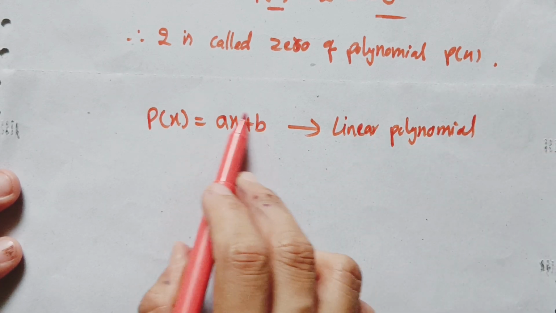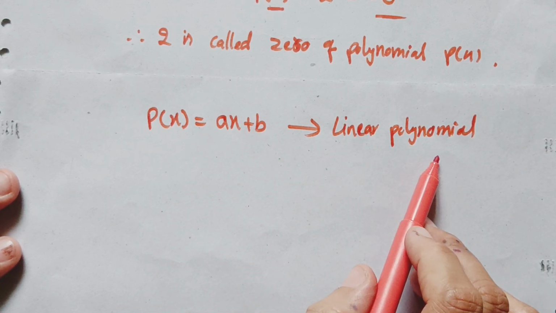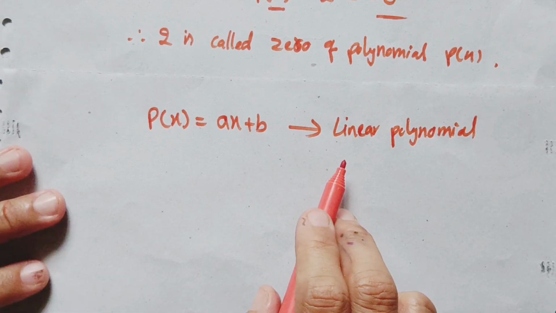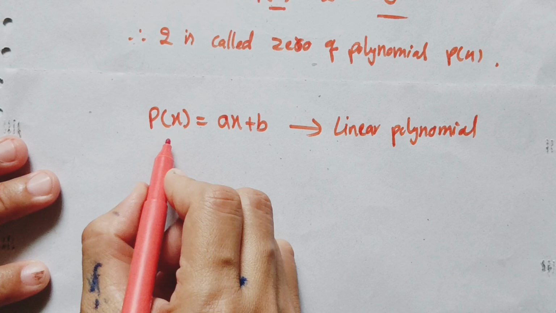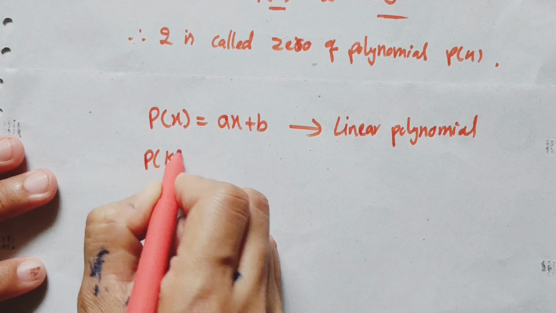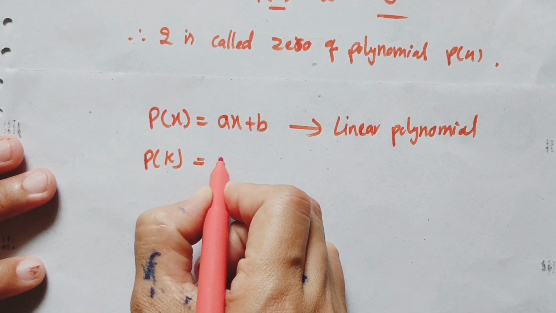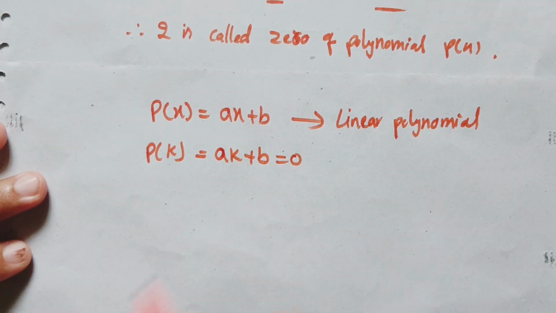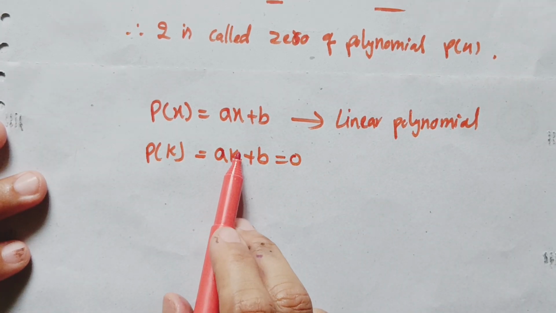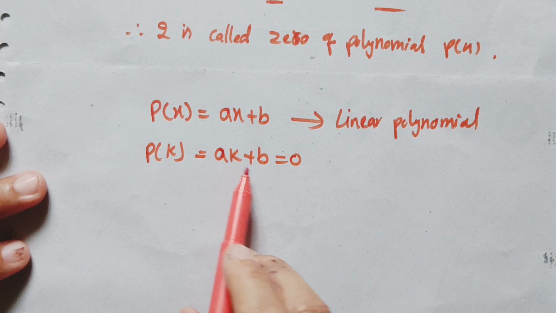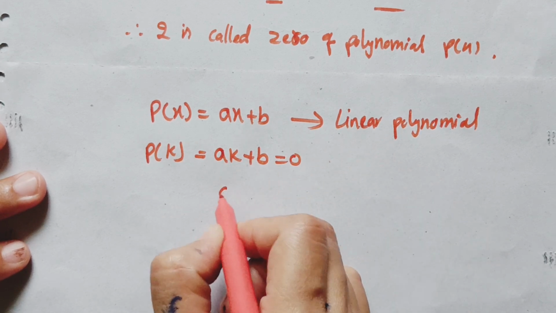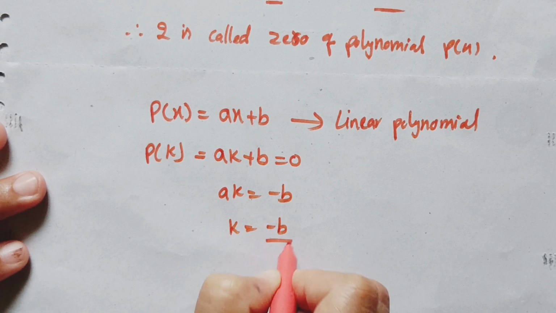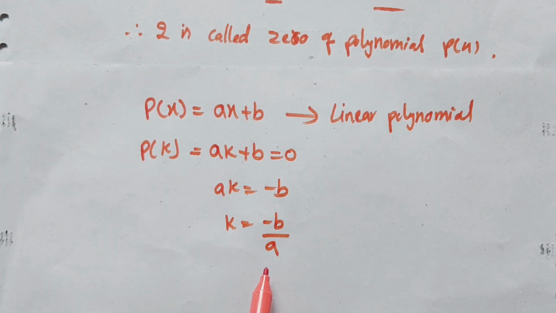If you have a linear polynomial, how can you find its zero? Let's see. Then p of k equal to ak plus b equal to 0. Now you have to find the value of k. That's why ak equal to minus b and k equal to minus b by a.